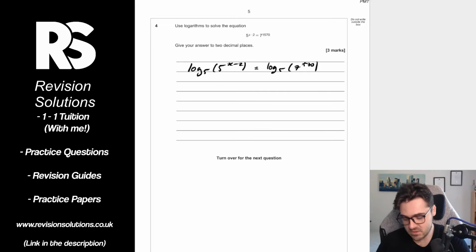And then using the power rule for logarithms, I'm going to bring down the power. So that would leave me with (x − 2) times log base 5 of 5. And we actually need to do this on the right-hand side. 7^1570 is a huge number, so our calculator wouldn't actually be able to process that anyway.